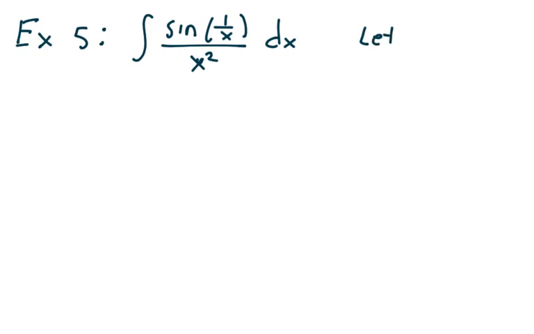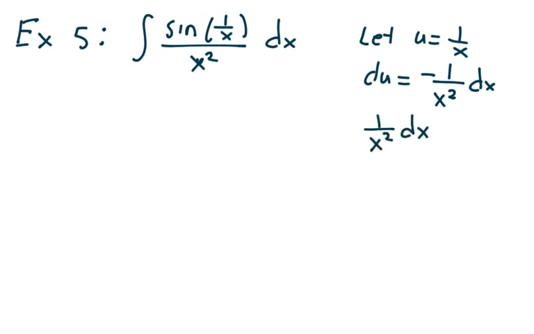So I'm going to let u be 1 over x. So du is negative 1 over x squared dx. But it's off by a negative. And so what I'm going to do is solve for 1 over x squared dx, and that's going to be negative 1 du.